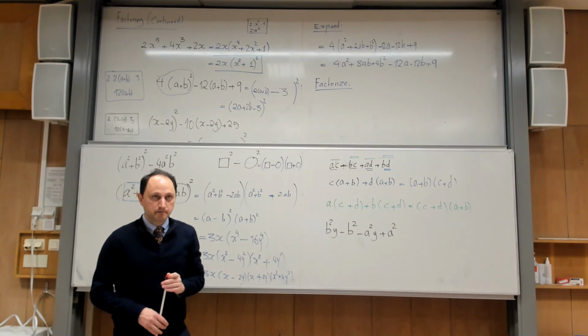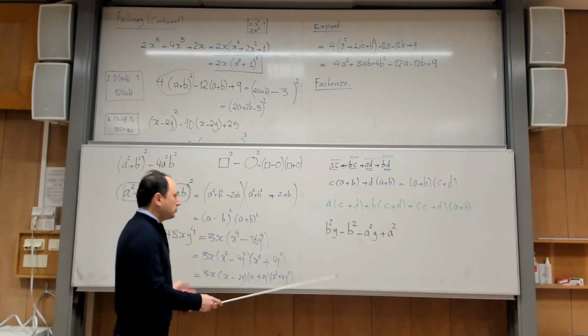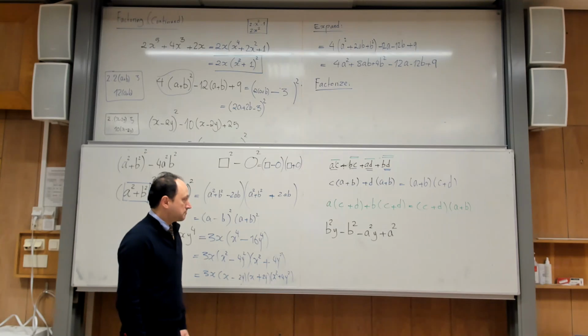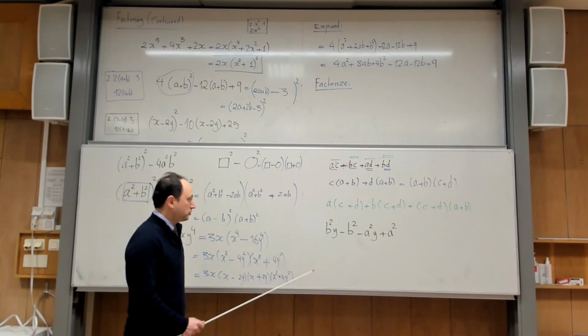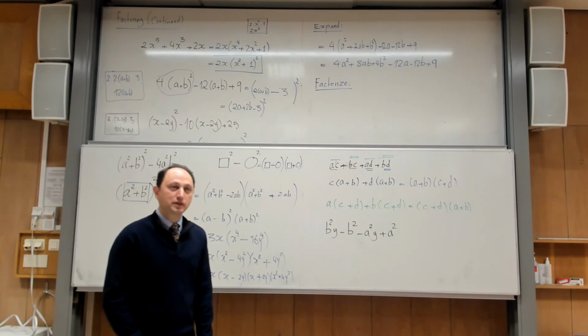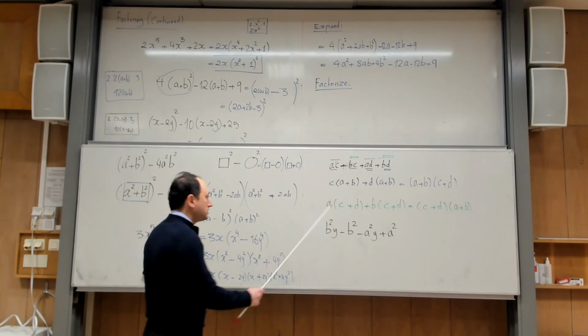I hope you agree that this is apparently not a squaring rule, and not a conjugate rule either. So the only hope that we have to factorize this is this new method.